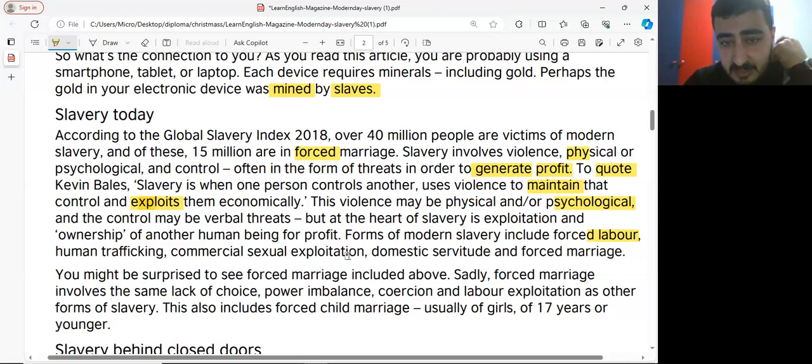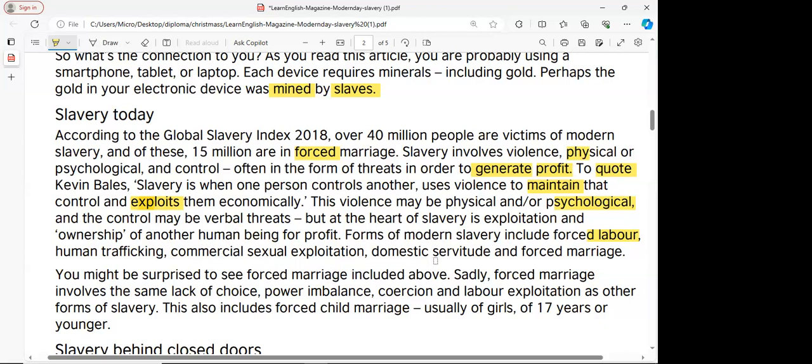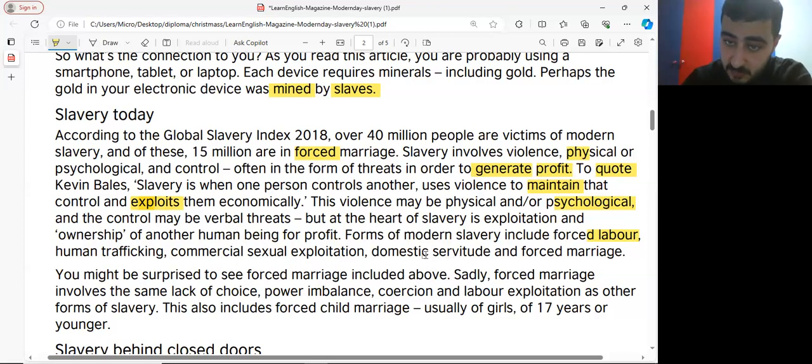Commercial sexual exploitation الاستغلال الجنسي التجاري. Domestic servitude عبودية المنازل، and forced marriage والزواج بالإكراه.